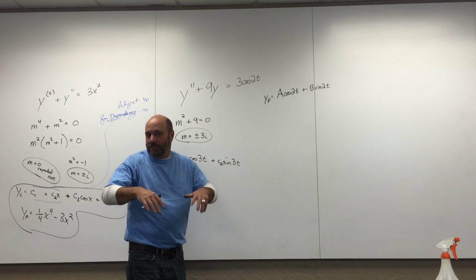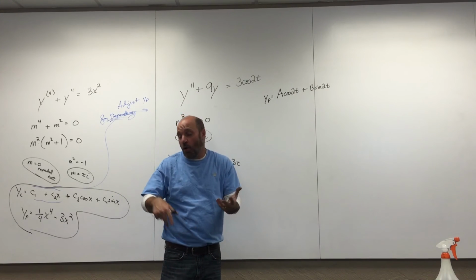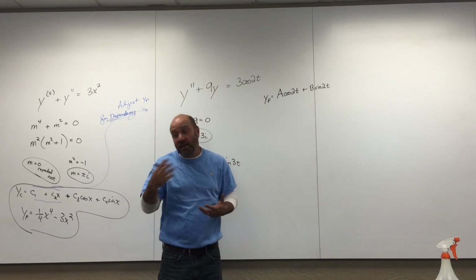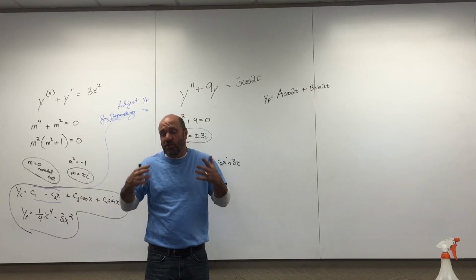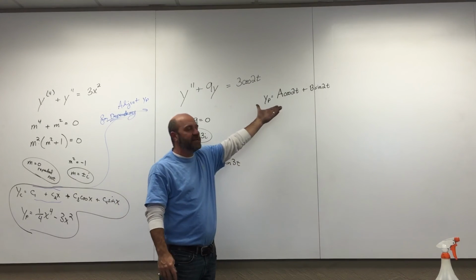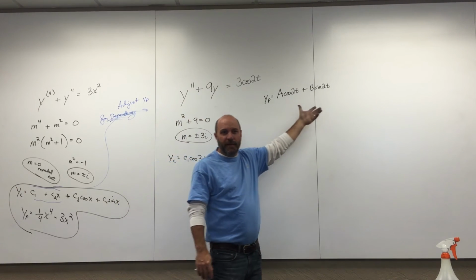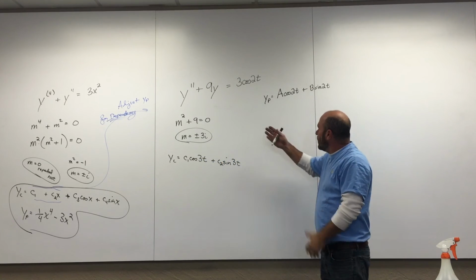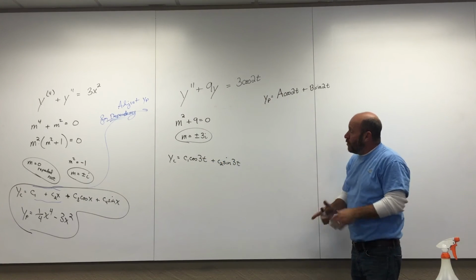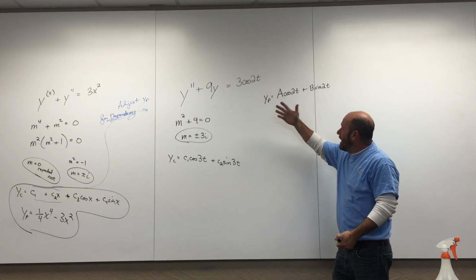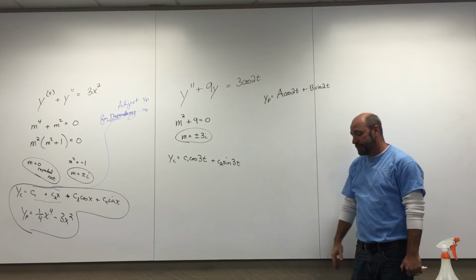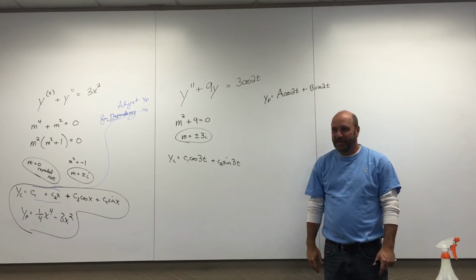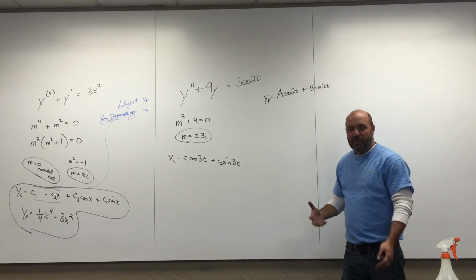The general guess for a cosine or a sine or a cosine plus a sine is you have to guess both. You're guessing both. I know there's just a cosine up there, but I have to guess a cosine and a sine, and it's because of their derivatives. Keep in mind what you're doing.